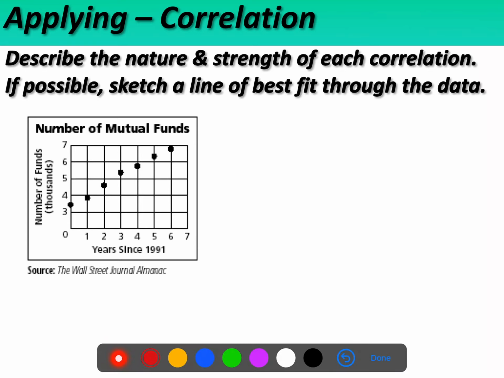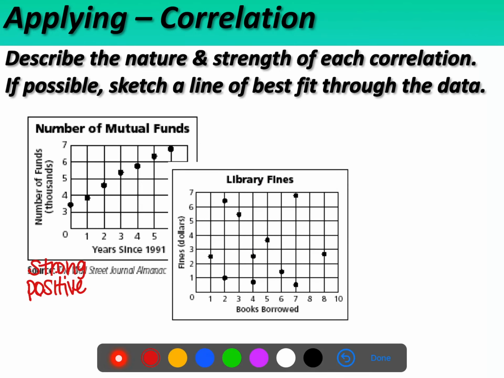So we want to look at a couple examples here and describe the nature and the strength. We first want to look, is it a positive or a negative slope? These points are very clearly going in a positive direction, because they are increasing, and I would say that this is a strong positive, because they are nearly in a perfect straight line.